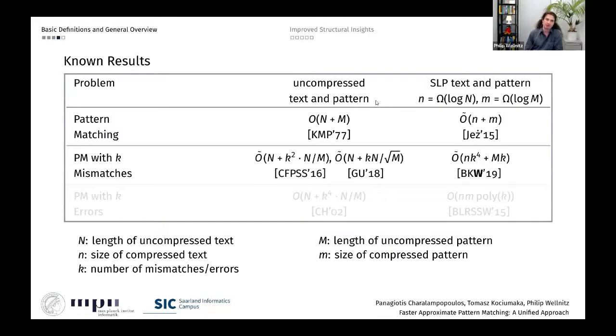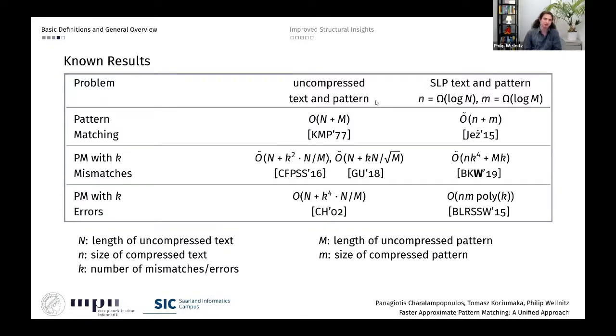There we got something roughly linear. And again, this only worked for uncompressed patterns. For pattern matching with errors, the situation is even worse. Again, we have a roughly linear time algorithm for the uncompressed setting, but for the fully compressed setting, only a quadratic time algorithm was known, with some polynomial dependency on k.